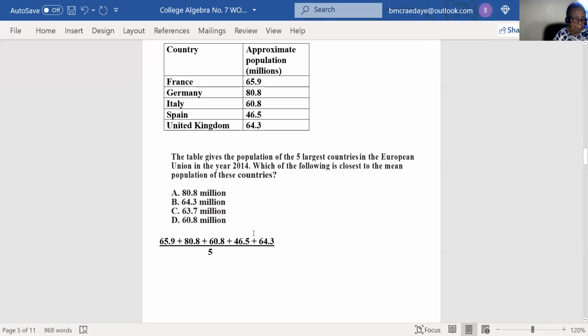Now this is equal to, that total comes out to 318.3. So 318.3, and we're dividing that total by 5. So let's put the 5 here.